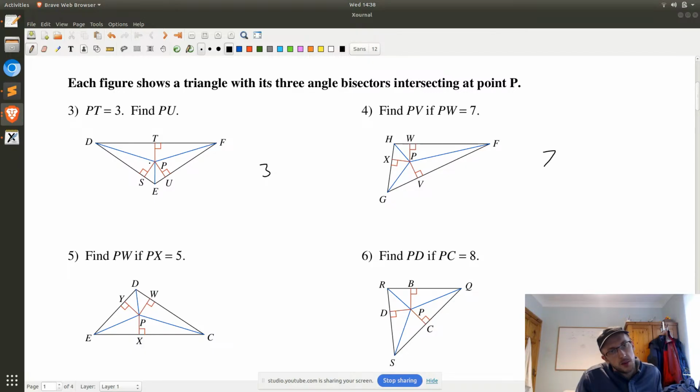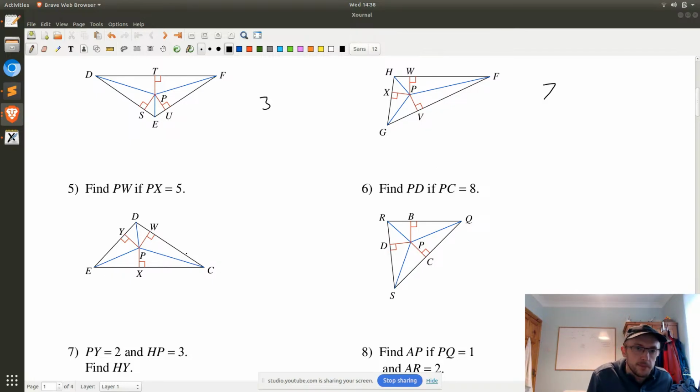That would be the centroid if you just sort of extended them. Yes, it would be. That's the centroid. All right. So anyway, well, that's 5. And that's 8.